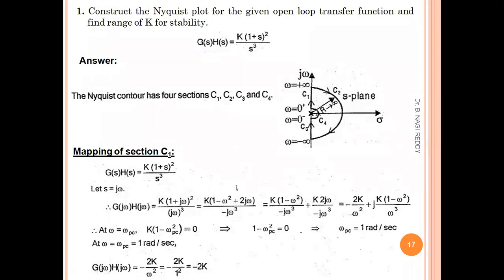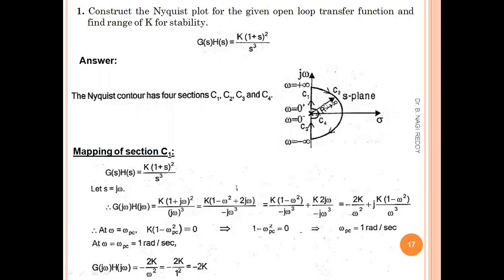If we take the Nyquist contour on the S-plane, then this will be the Nyquist contour. Because all the poles exist at the origin, we will have an extra curve at the origin. Generally, we will have 3 curves: the C1 curve from 0 to plus infinity, and the C2 curve.